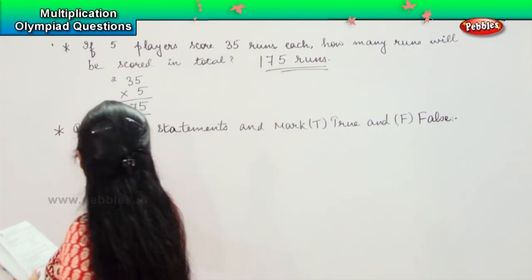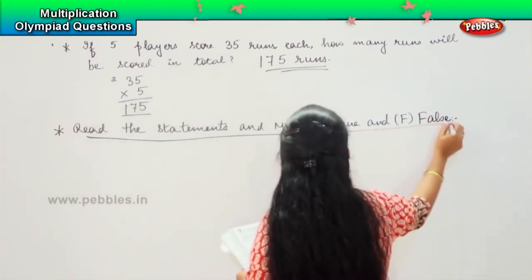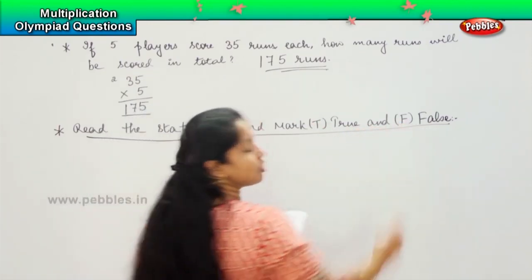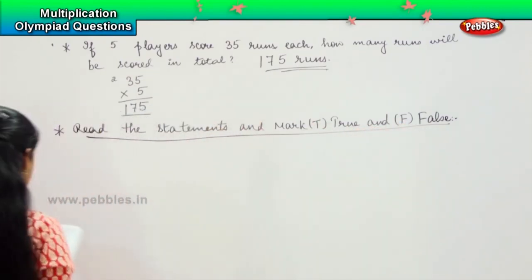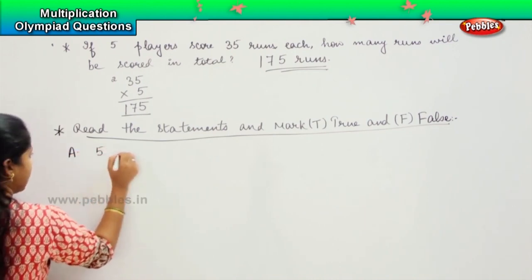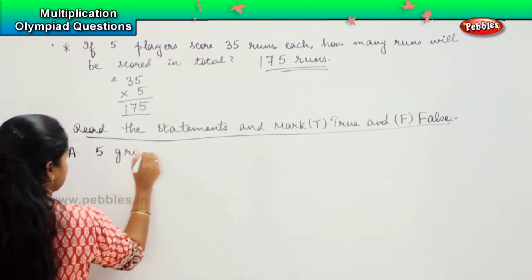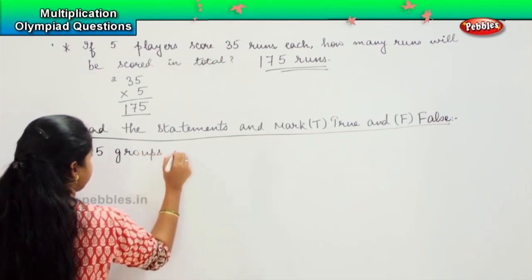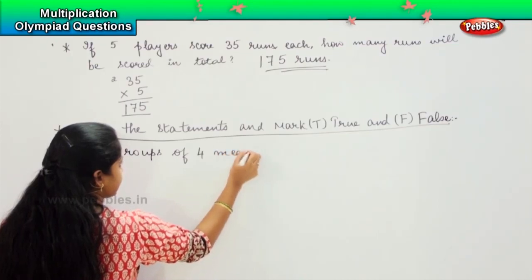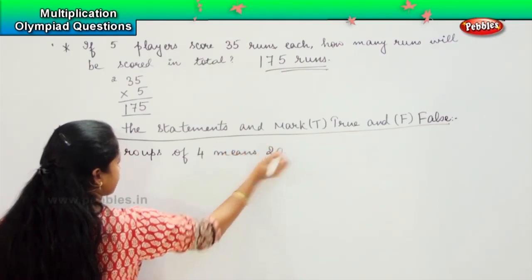Okay. So you need to read the statements carefully, and then whichever is true you need to mark T, whichever is false you need to mark F. Okay. The first statement says 5 groups of 4 means 20.